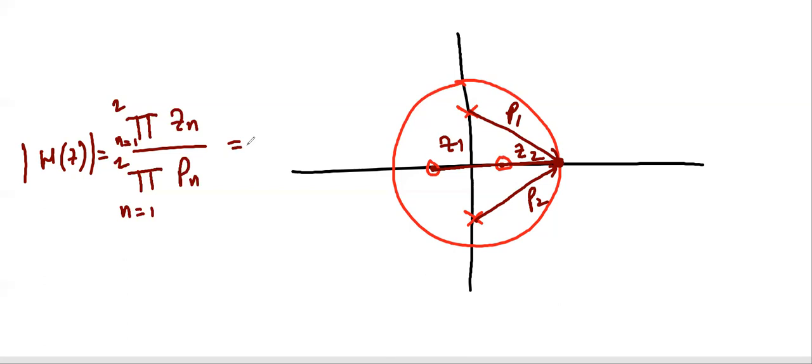Very simple format. For this case, it is equal to Z1 multiplied with Z2 divided by P1 multiplied with P2. This is for multiple pole and zero locations.